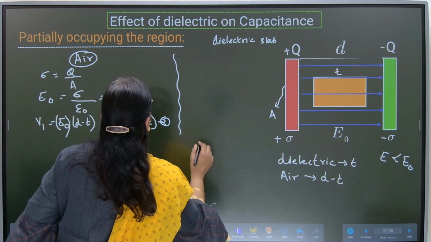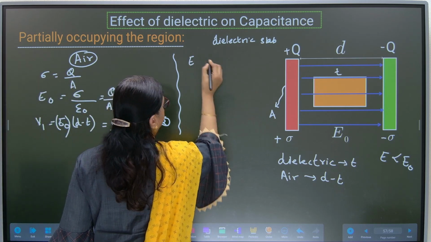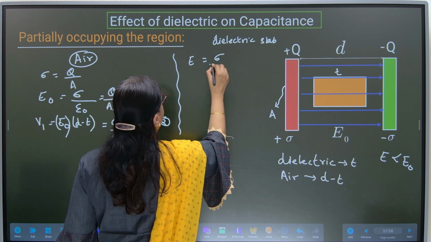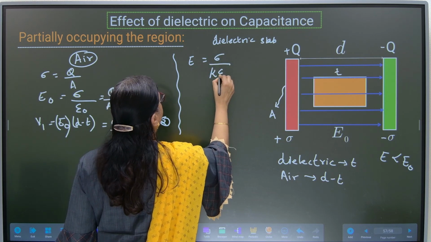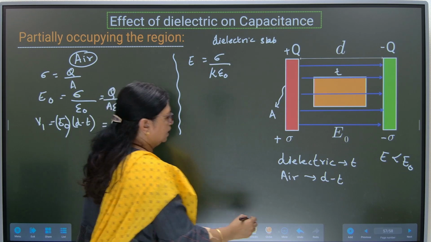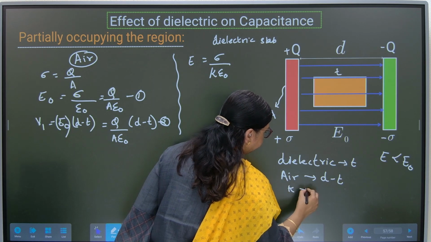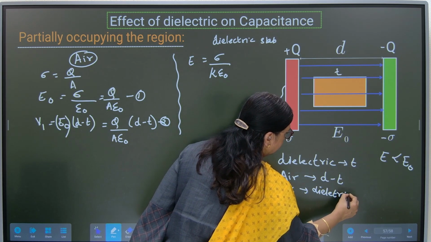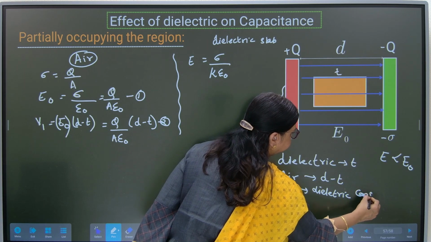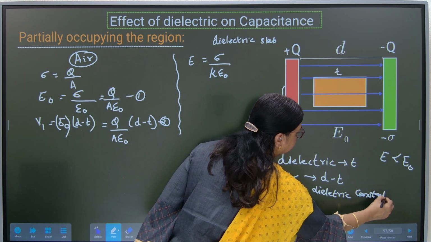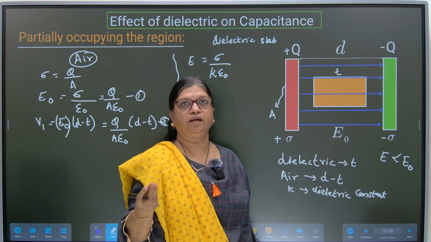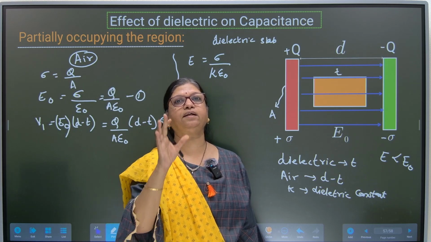Then E is equal to sigma upon K epsilon naught, where K indicates the dielectric constant, which has a value greater than 1 and depends on the dielectric material.